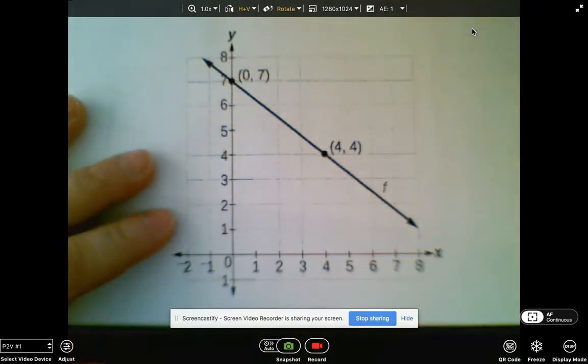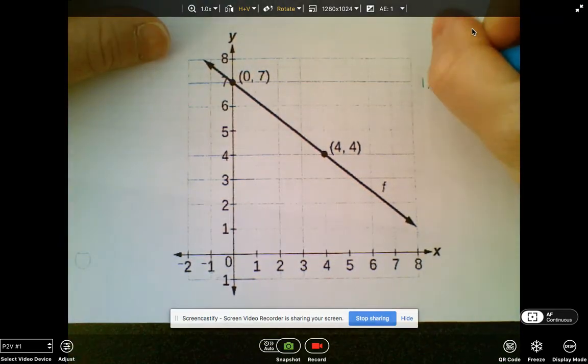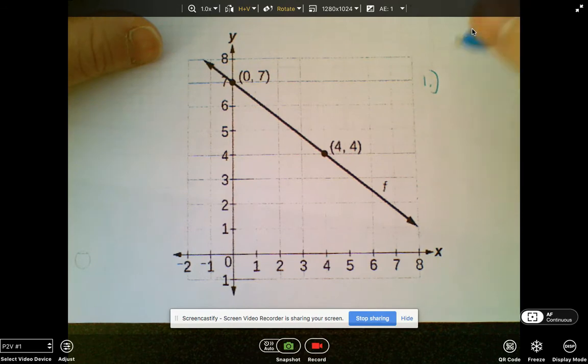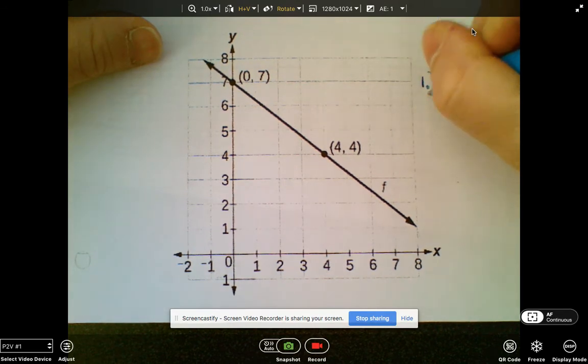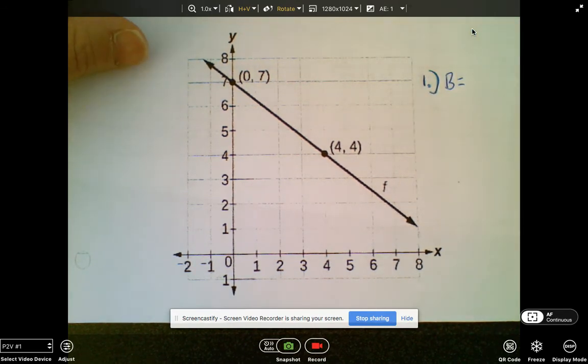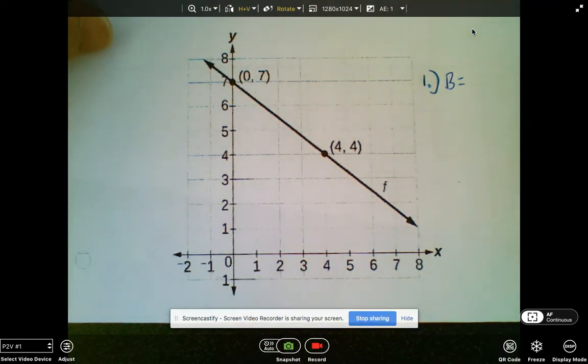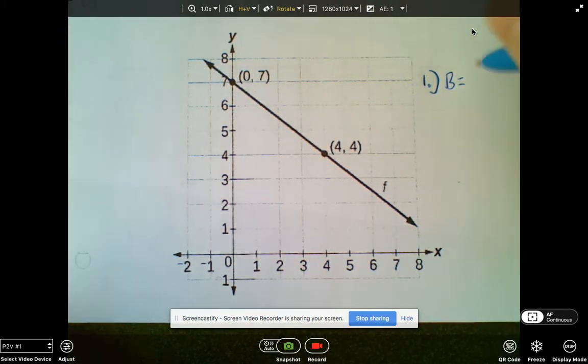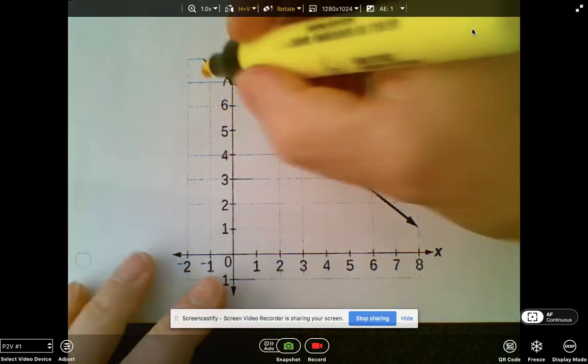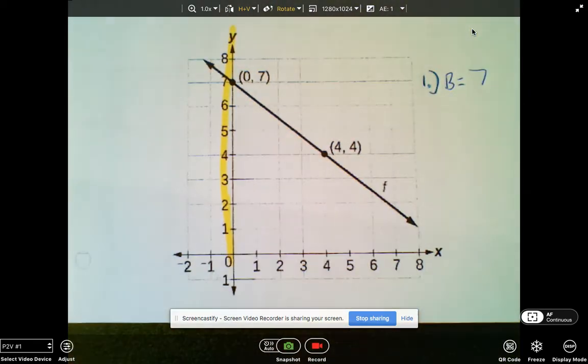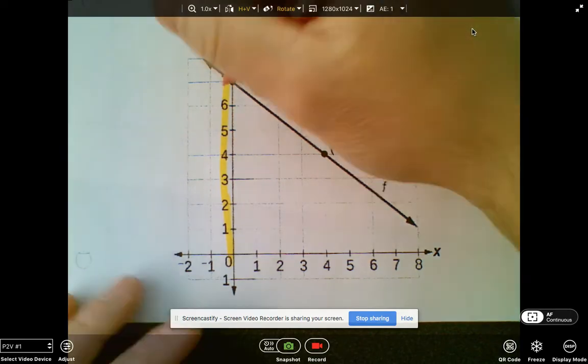All right, step 1, we'll put it off to the side here. We need to get the y-intercept. Can someone tell me, according to this graph, what is your y-intercept? Yeah, 7. It crosses right here at 7 on the y-axis.